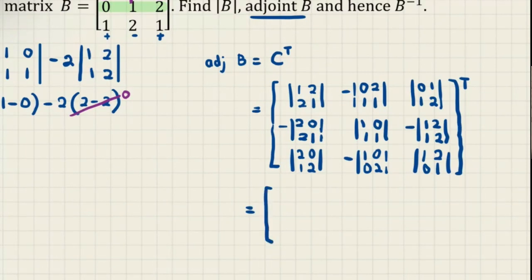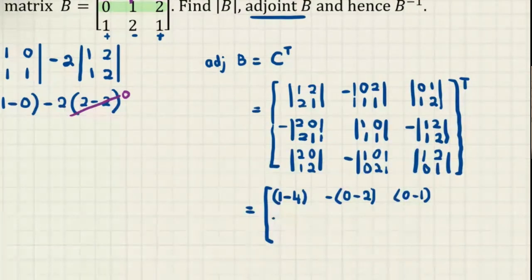Okay. Apakah value dia? Gunakan AD minus BC. So saya dapat apa ni? 1 tolak 4. And then negatif kepada 0 tolak 2. And then here kita ada 0 tolak 1. Okay. Bawah ni kita ada negatif. So negative of 2 minus 0.